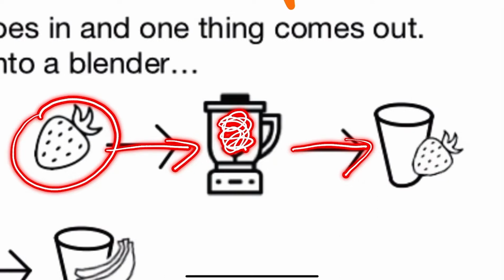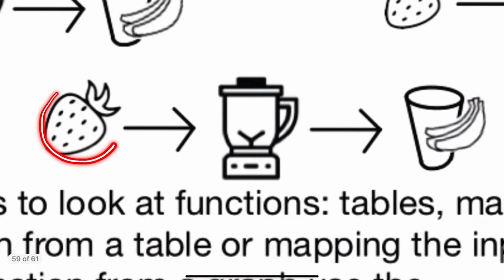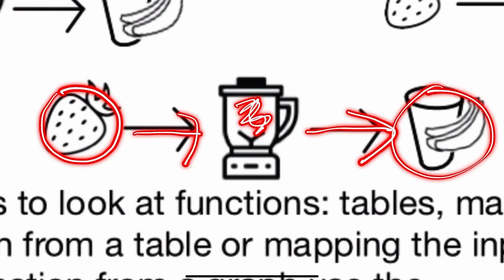Makes sense because we put strawberries in there, so we should just get a strawberry flavor. All right, okay. If I put strawberries into my blender, it does its job. Does it make sense that I would get out a banana flavored smoothie? No, because I didn't put any bananas in it, right?